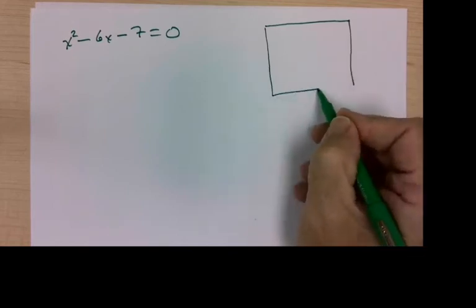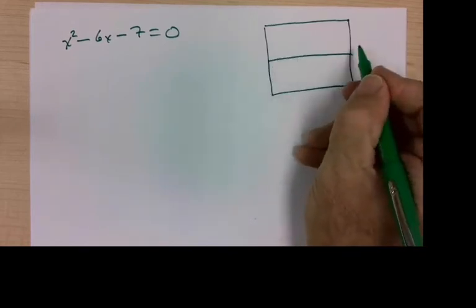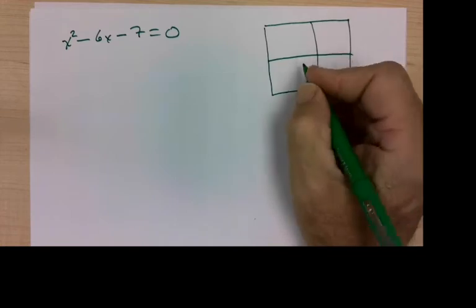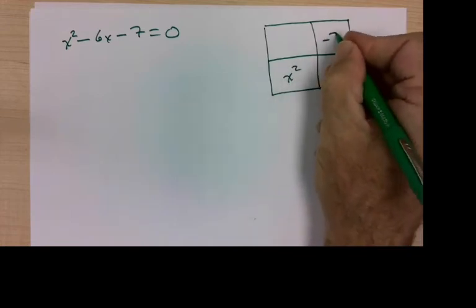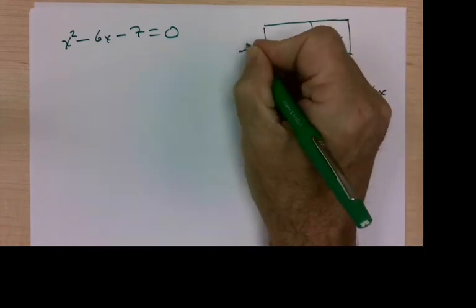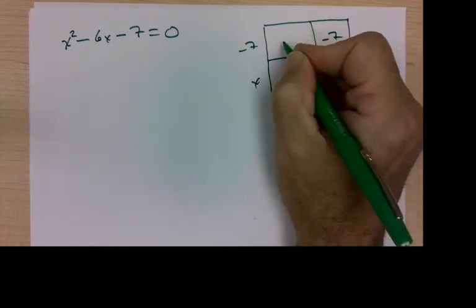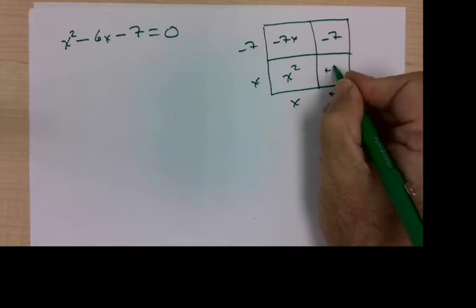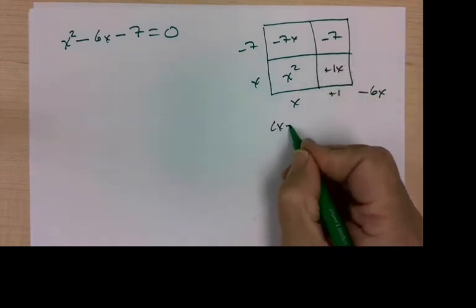But recognize most of the time you cannot solve it with factoring. So I have x squared here, I have negative 7 here, I have negative 6x here. X times x, negative 7 times positive 1. Negative 7x, positive 1x, x minus 7 times x plus 1.